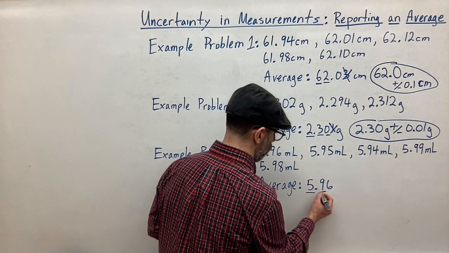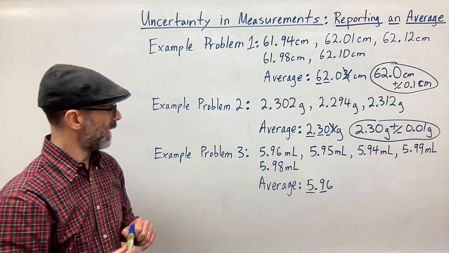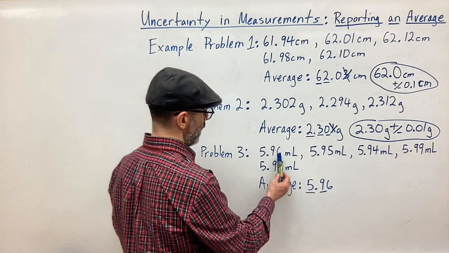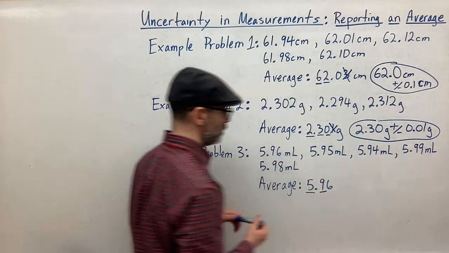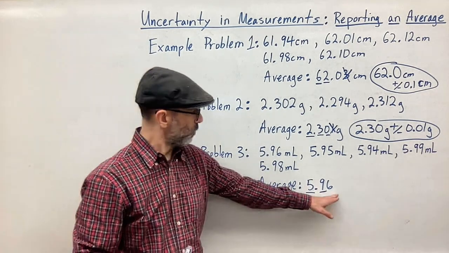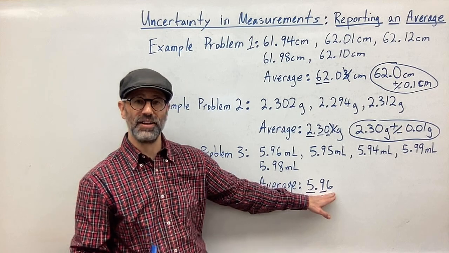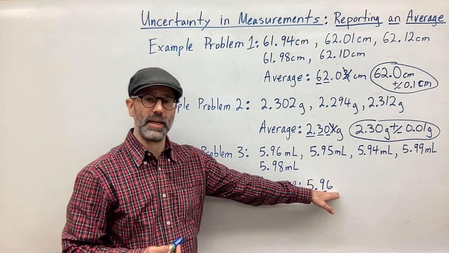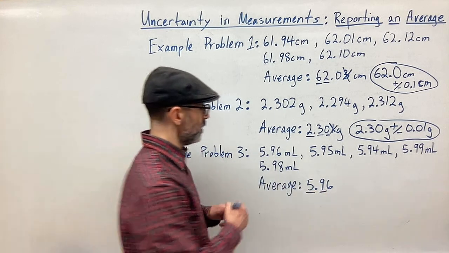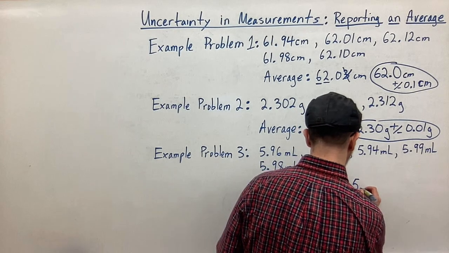There's no fluctuation in that one. So 5.9 I'm going to keep. Now, notice that I've got fluctuation in the last digit, in the hundredths place. And so I can keep the 6 as an estimate, right? So now I don't have to drop anything here. I can keep it. So I'm going to keep the 6. So for my recording, it's going to be 5.96.